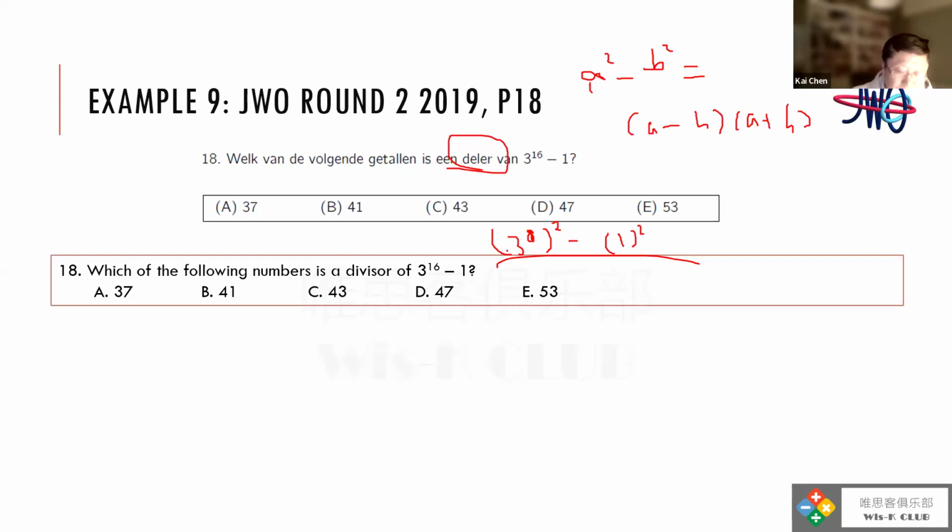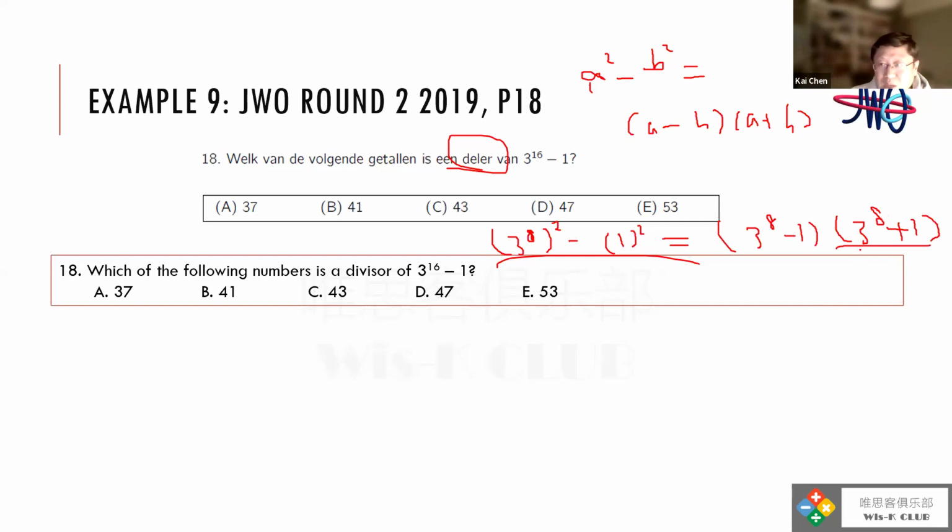So we do the same as here. It can be written like 3 to the 8th minus 1 and 3 to the 8th plus 1, all right? That's a good application. And what for further? Because 3 to the 8 is still too large.